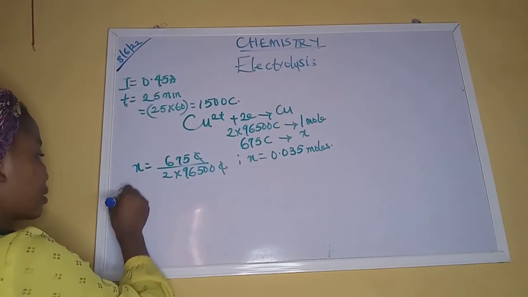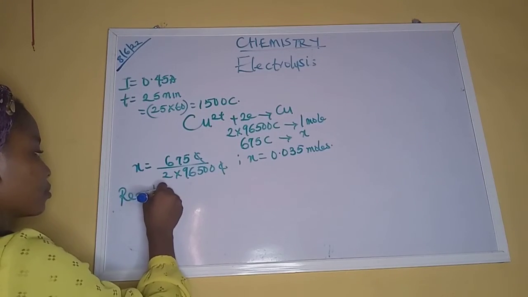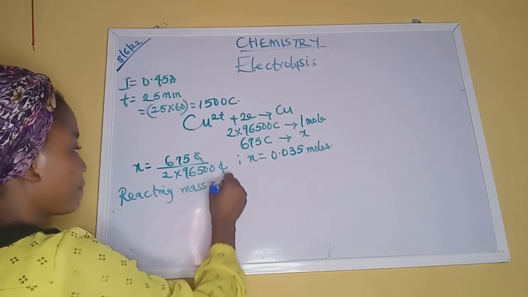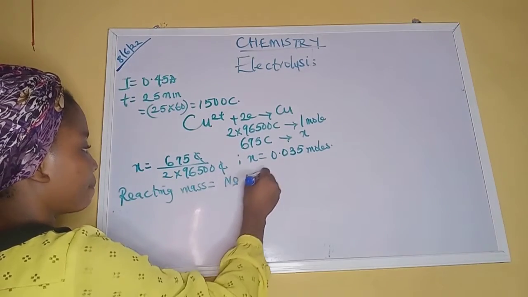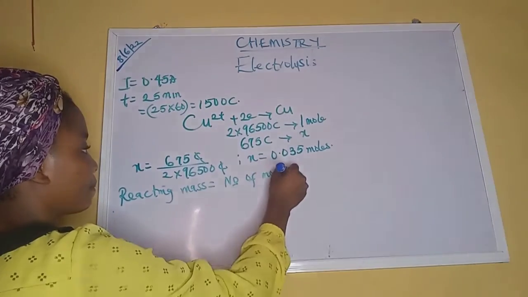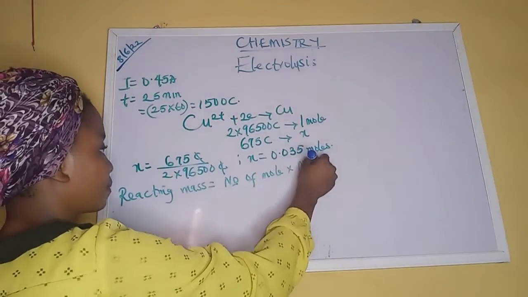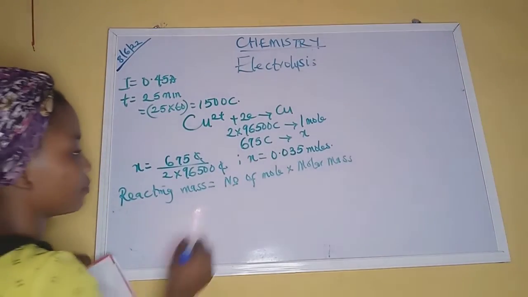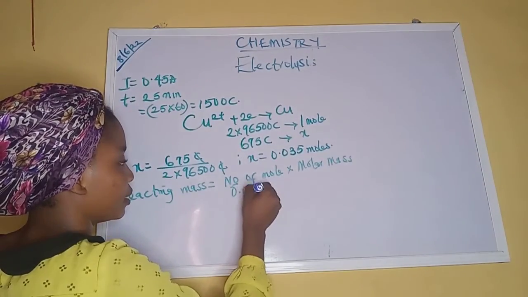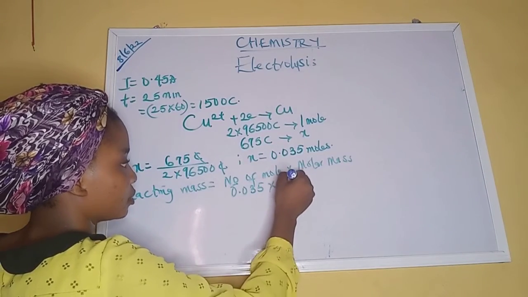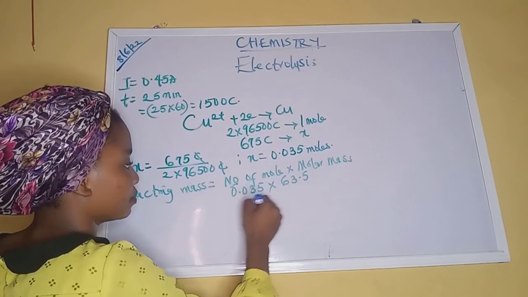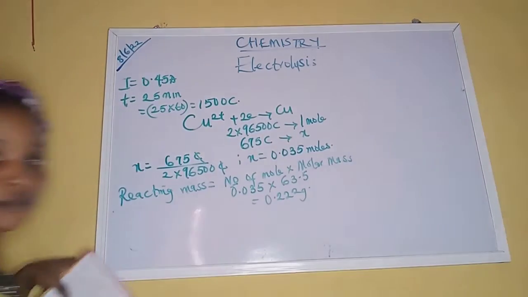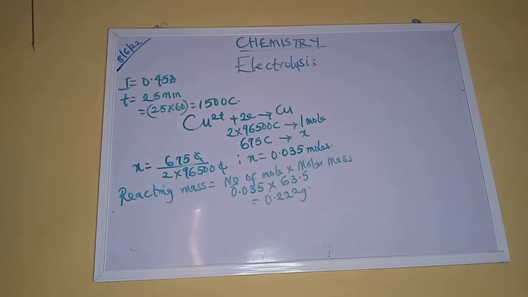And to get the reacting mass, therefore we have 0.035 times 3.5. So that is all about number 4.